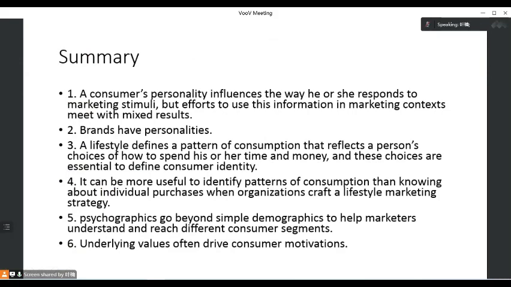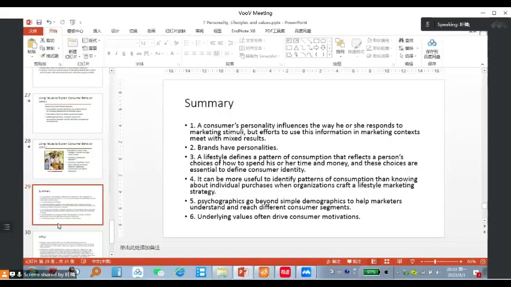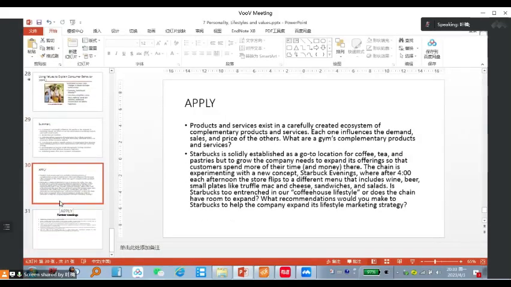We mainly introduced personality, consumer's personality and the brand personality, and lifestyle, especially psychographics, to segment consumers and to explore the underlying values that drive consumer motivations. This is the basic idea about this topic.